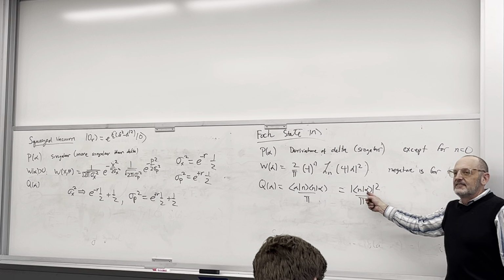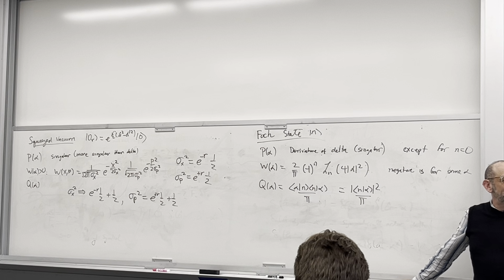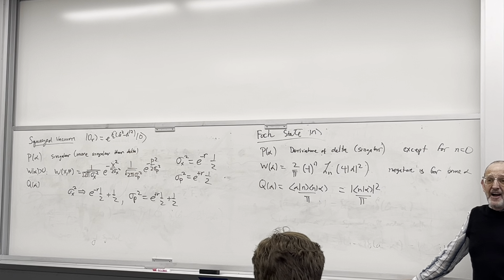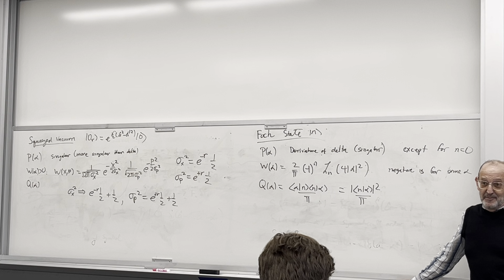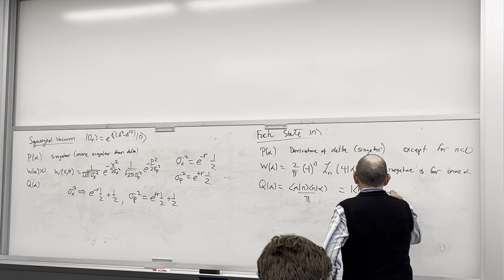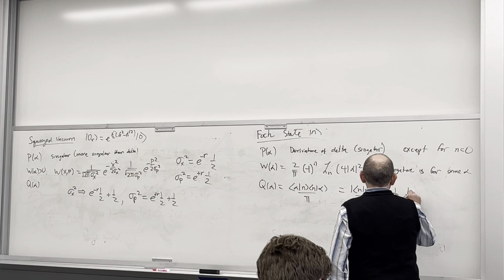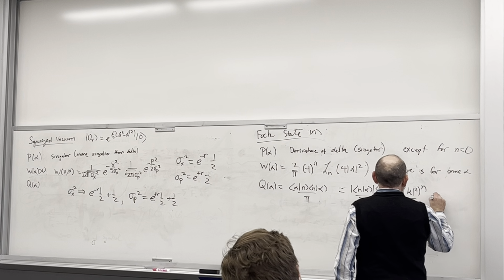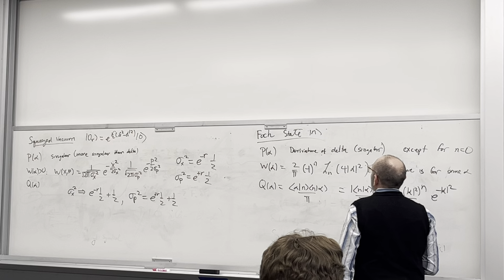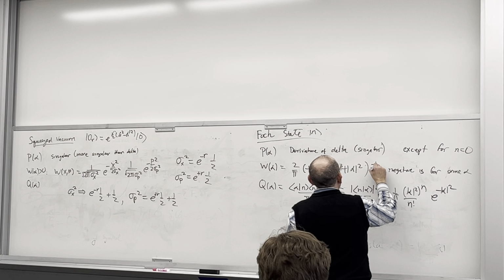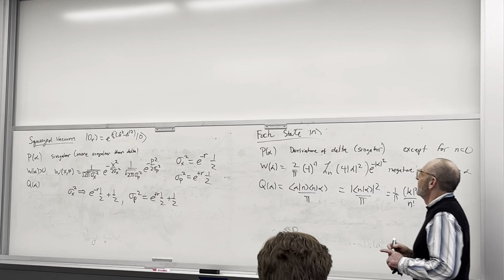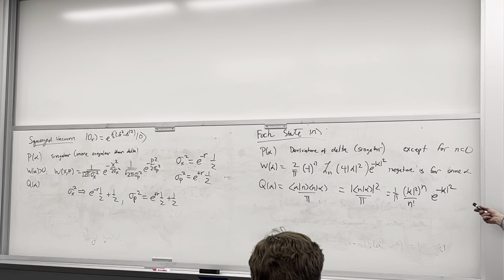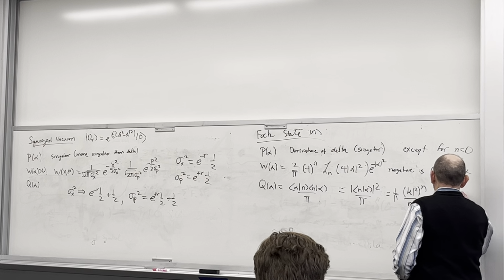Use the expansion of the coherent state. We know a coherent state is a superposition of Fock states. It's a Poisson distribution, right? So that's equal to 1 over pi, alpha squared to the n over n factorial, e to the minus alpha squared. This thing is everywhere positive.